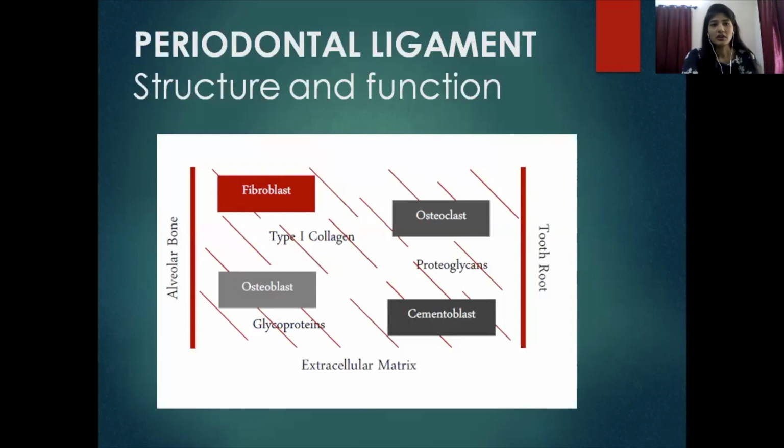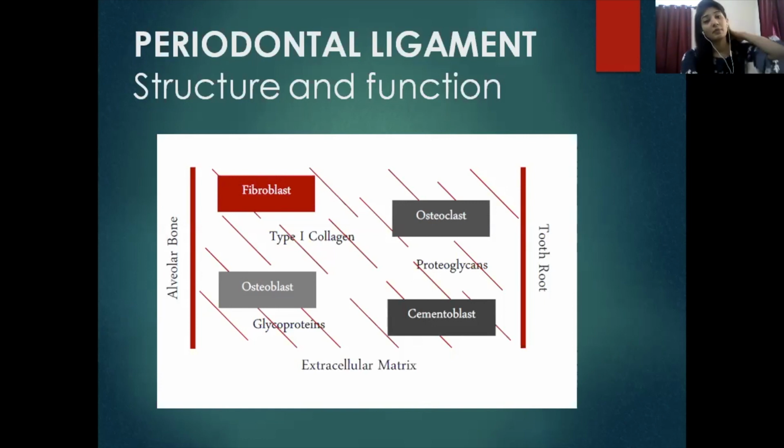So the periodontal ligament, its structure and function, is basic to the tooth. As you can see, there is a tooth root and an alveolar bone. There are some cells in between the root and the bone, like the fibroblast, the osteoclast, and the cementoblast. As we all know, blast is for formation and clast is for resorption.